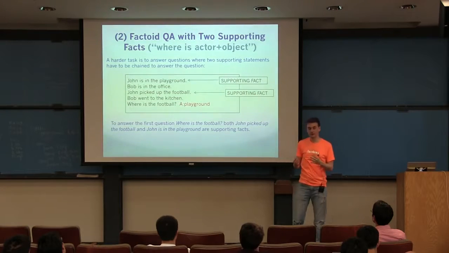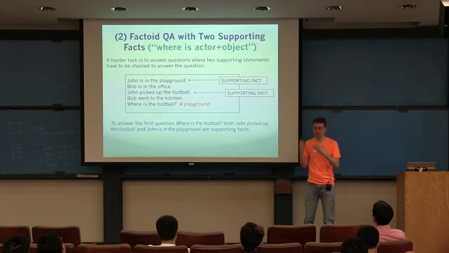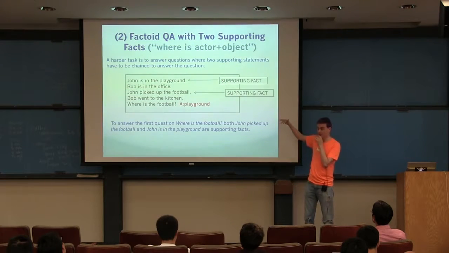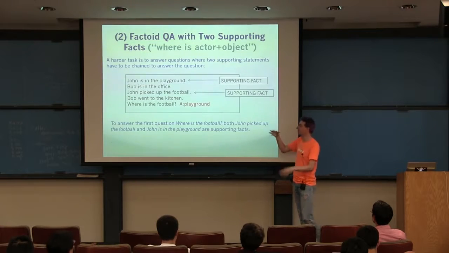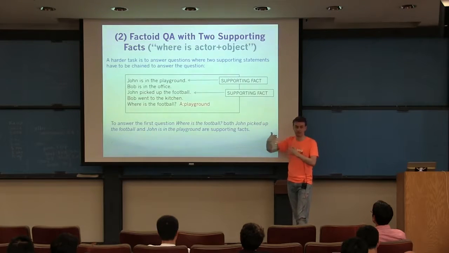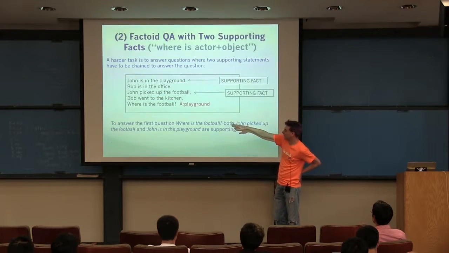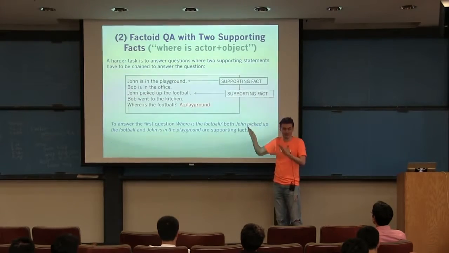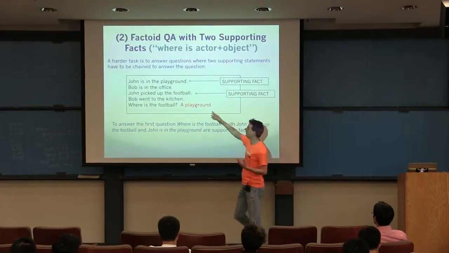Any algorithm that's going to answer this, if it's looking for supporting facts, needs to do them iteratively, one after the other, because to answer "where is the football", the first thing it has to do is find something that's talking about the football, right? So that would be this one.